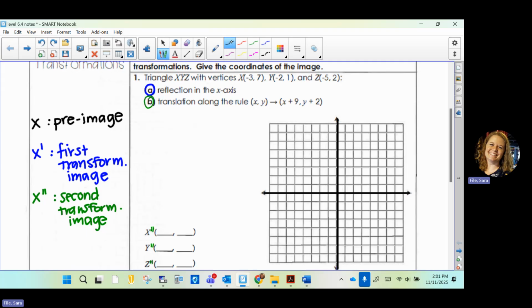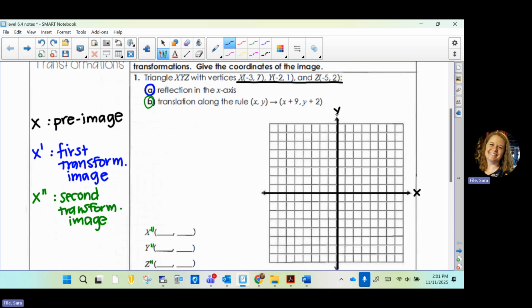But I'm going to start with my pre-image, what I'm given. So I'm going to plot these points of the triangle, the vertices X, Y, and Z. I went over my X and Y axis and darkened them a little because it was kind of hard to see. If you want to darken yours, you can too. Remember, this is the X axis and this is the Y axis.